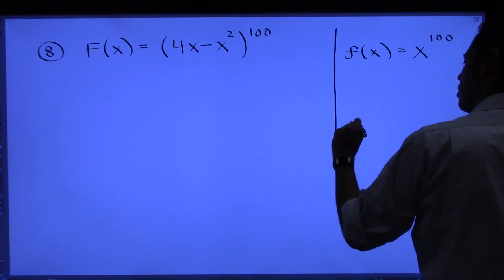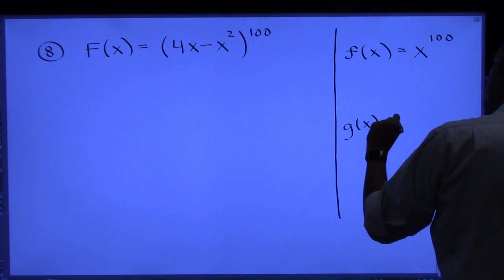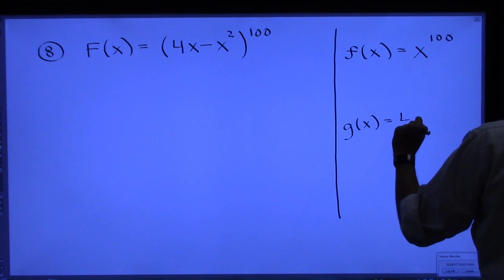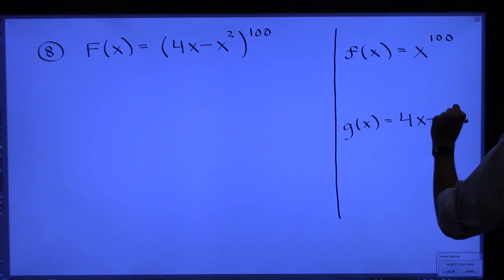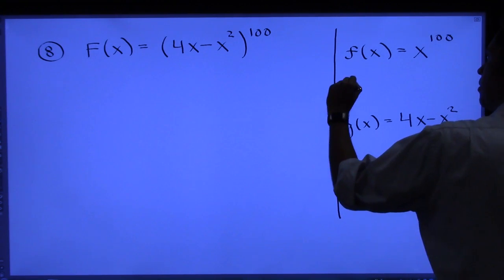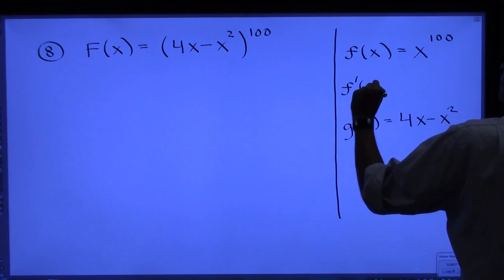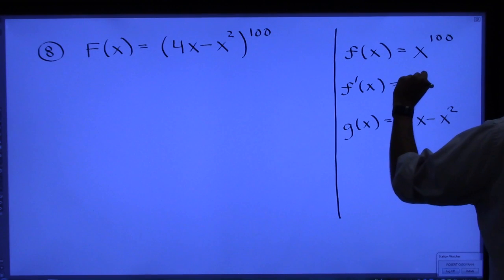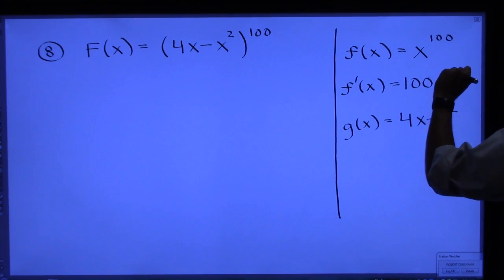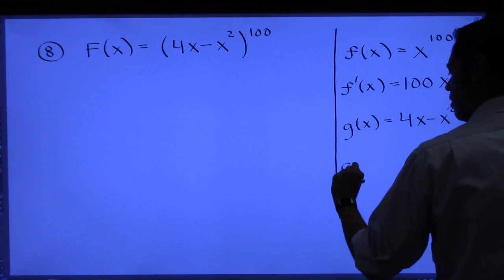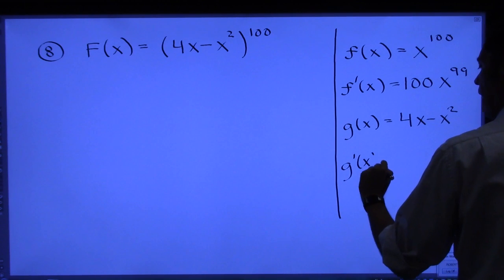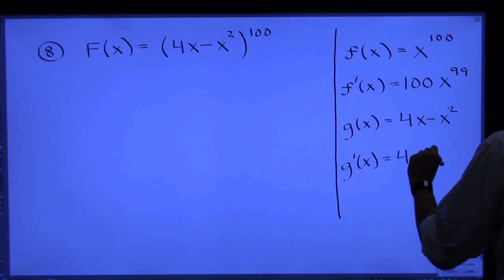The inner function is the polynomial 4x minus x squared. So the derivative of f is 100 x to the 99, and the derivative of g is 4 minus 2x.